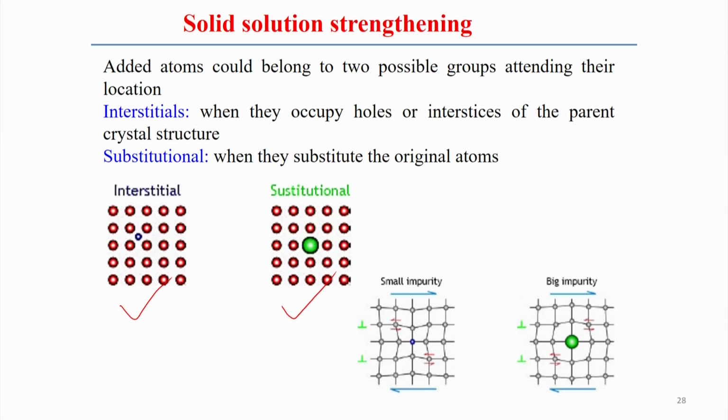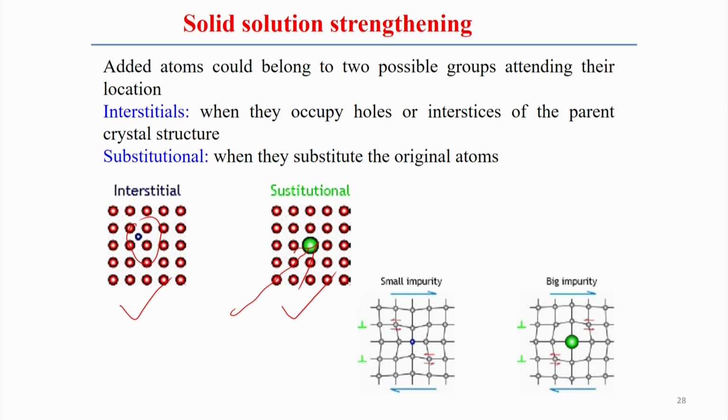So if an atom takes the interstitial position, that kind of solution creates the interstitial solid solution, or substitutional solid solution, when one atom completely substitutes the parent atom and takes that position. So in both ways, the strengthening mechanism is done by the formation of the solid solution.